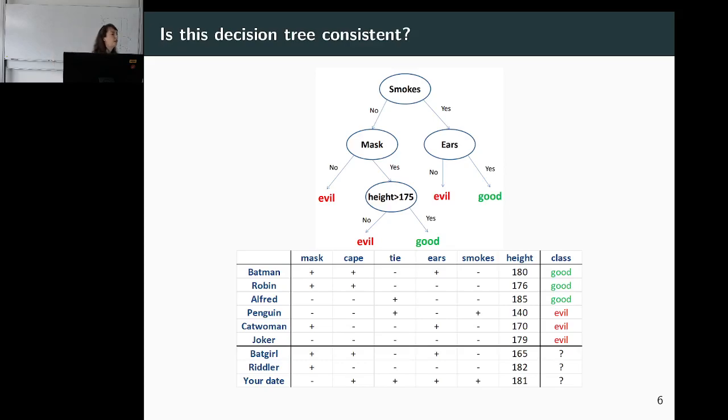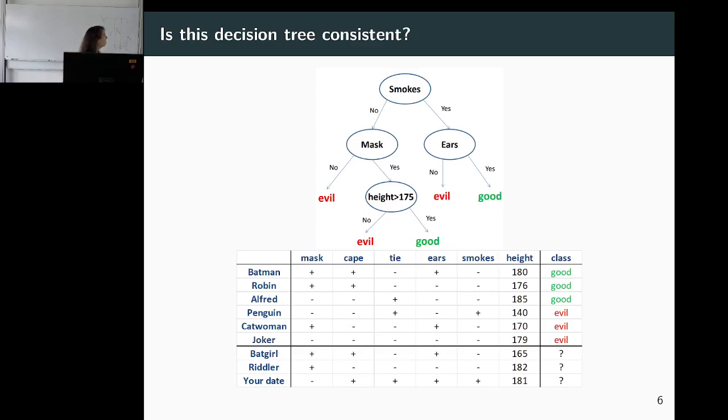Alfred would be classified as evil? Yes, correct. So if we do it like this, we won't get our examples correctly. Alfred is good, but he doesn't smoke, he doesn't wear a mask, and is classified as evil. So in this case, this tree is not consistent.